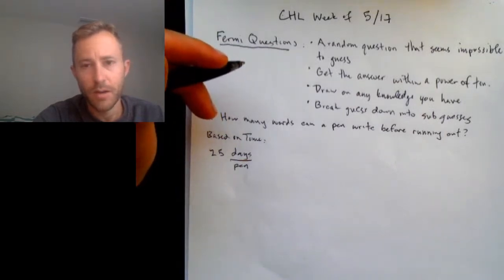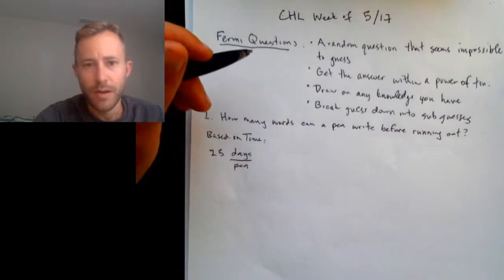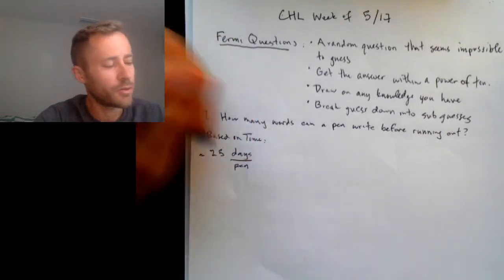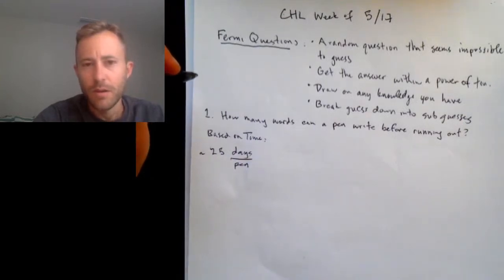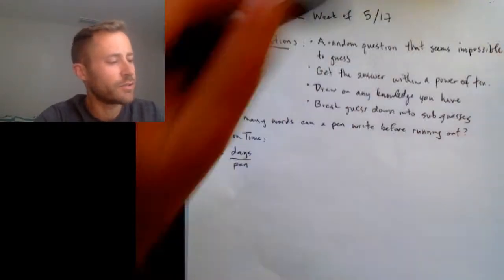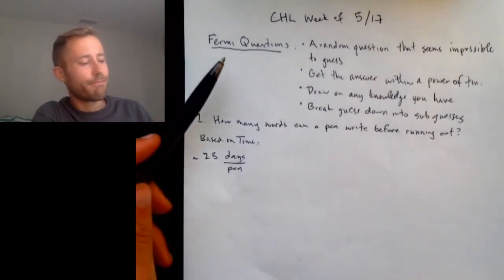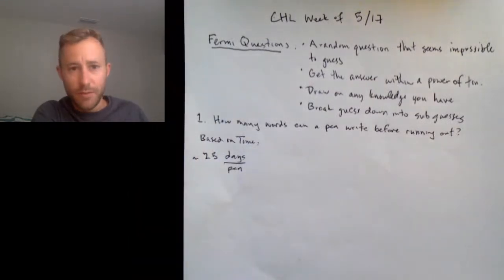Well, on a day when I'm using the pen, I might have to do 2 lessons, maybe 3 lessons, and each of those lessons is maybe 2 sides of a piece of paper, and maybe there are 100 words per side that I fit in.